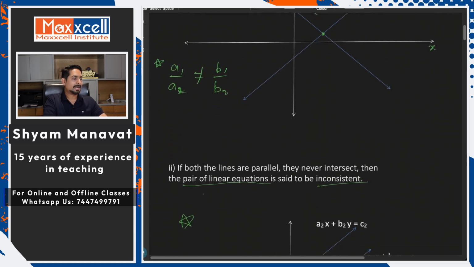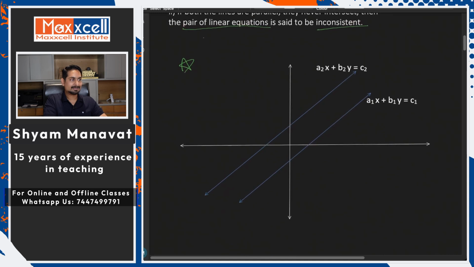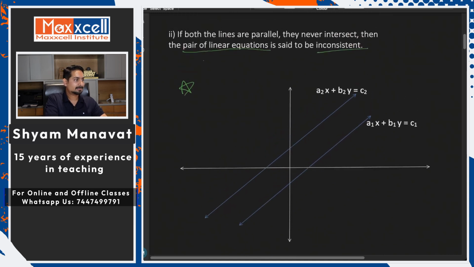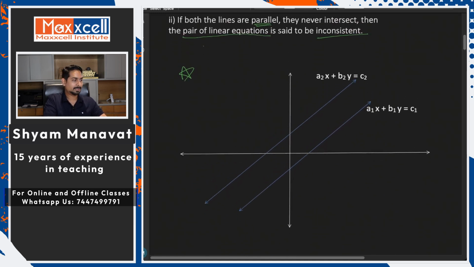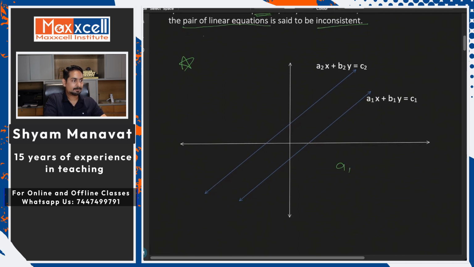Fine. And in which case do you see that the lines are inconsistent or lines are parallel? If the ratio of the coefficient of x is equal to the ratio of the coefficient of y. I hope you are not scared of a1 and a2. They are just coefficients that we need to consider.